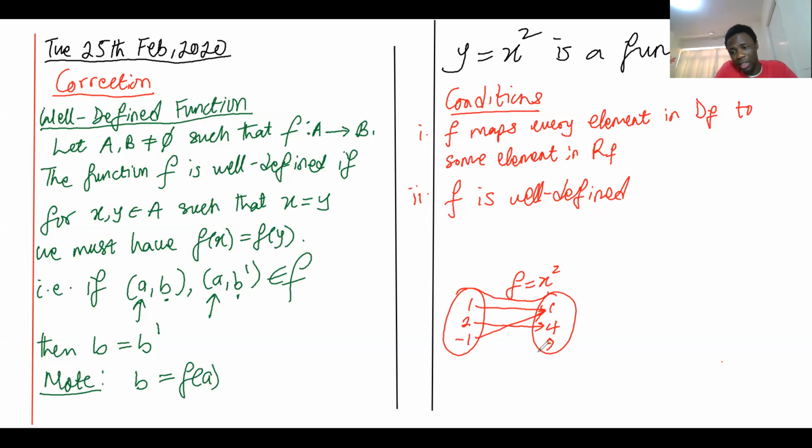We are not saying that everything here must have something here. Every member here must have an image. That's the first condition. So basically, f of 1 is equal to 1. F of 2 is equal to 4. F of negative 1 is equal to 1. So it means that f maps 1 to 1, f maps 2 to 4, f maps minus 1 to 1. Does it make sense, please? Please respond so I proceed.